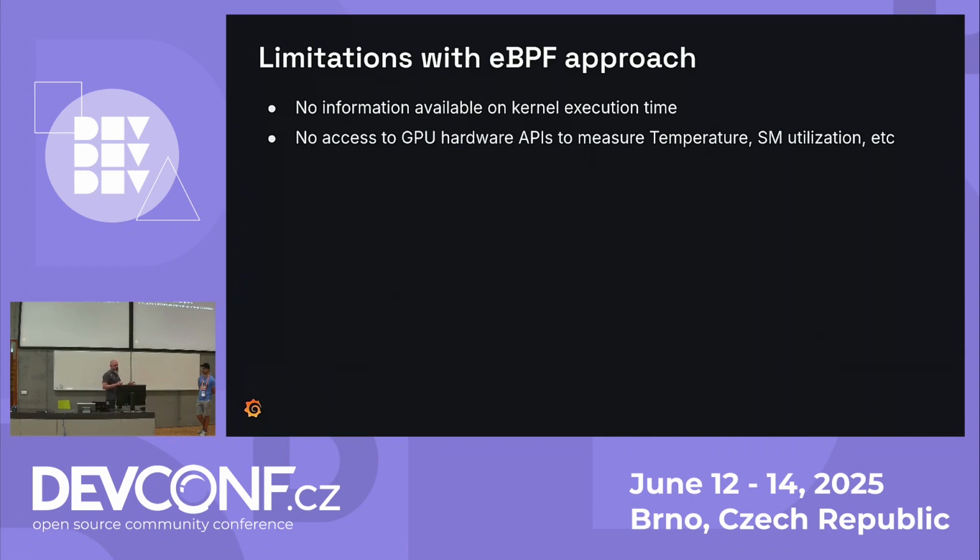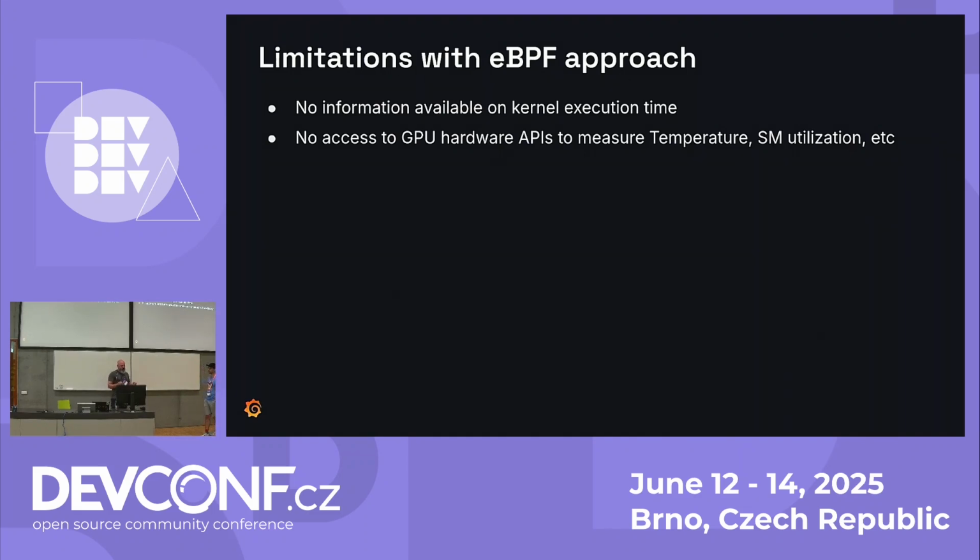Yeah. So the limitations of our eBPF approach is that there is no information available on kernel execution time. That means that we cannot know how much time one kernel execution takes, because most of the things run in parallel.